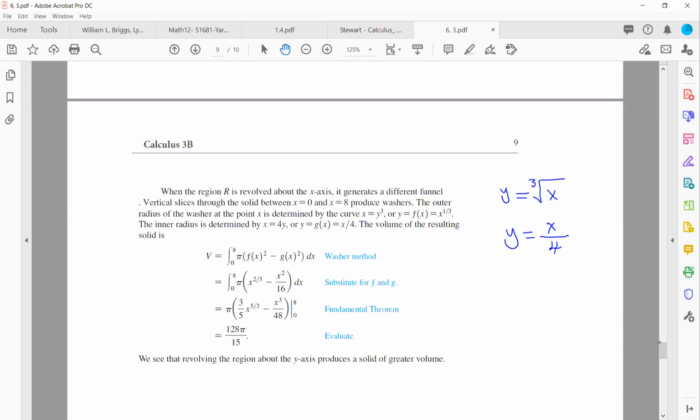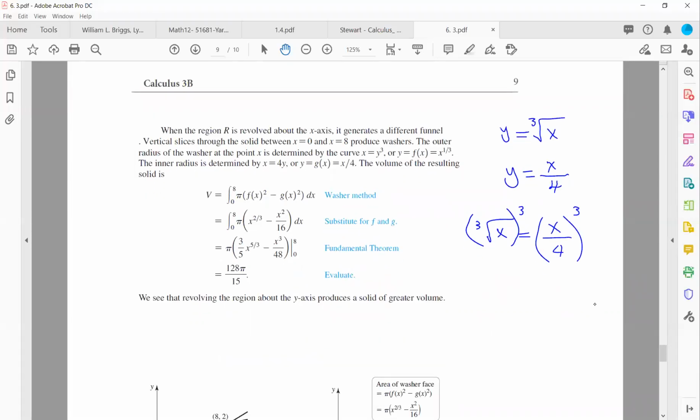So we need to set these equal to each other. The third root of x equals x over 4. To get rid of the 3, we raise both sides to 3, so you get x equals x cubed divided by 64.